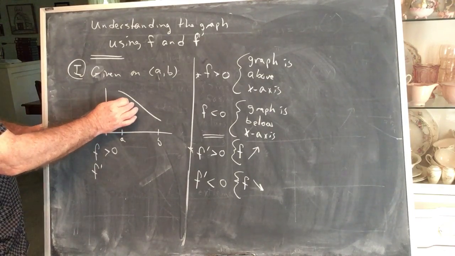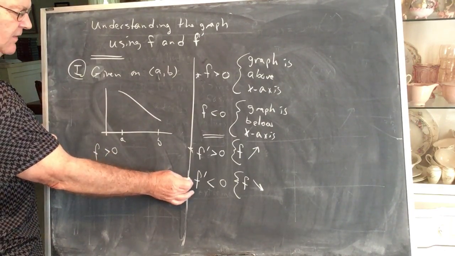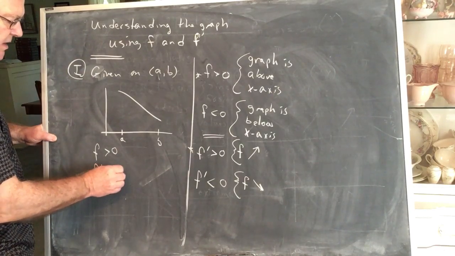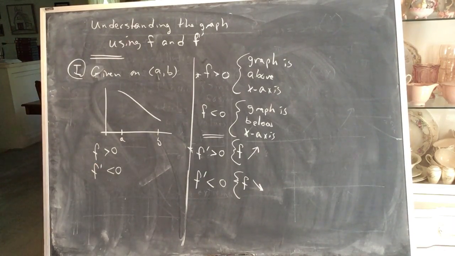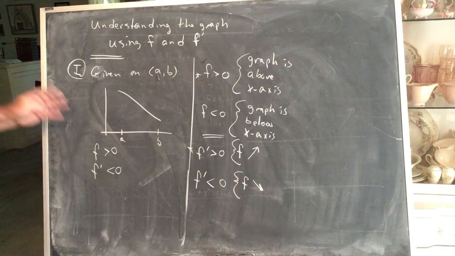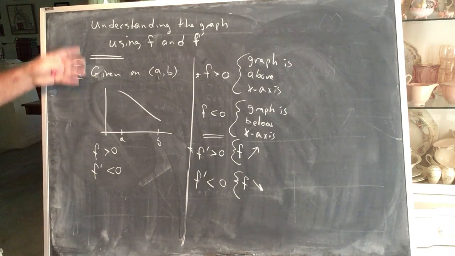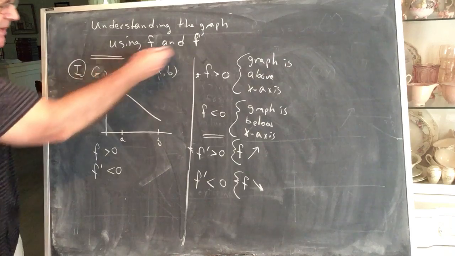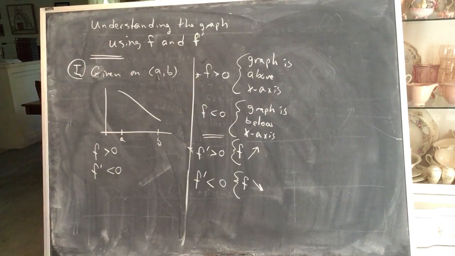The curve is decreasing, so the derivative must be less than 0. So this has nothing to do with doing a computation, computing a derivative. This has to do with, do you understand the information being conveyed by these expressions, by these inequalities that you might be given? And how do those inequalities relate to the graph that you're playing with?